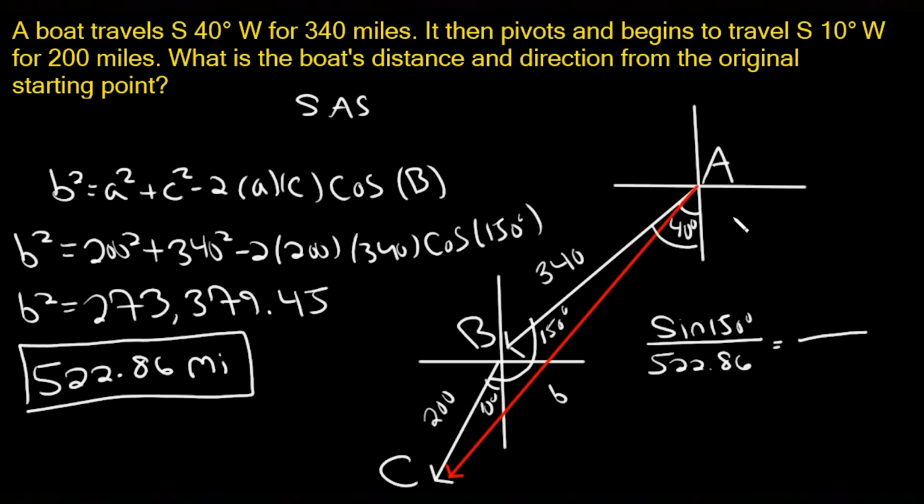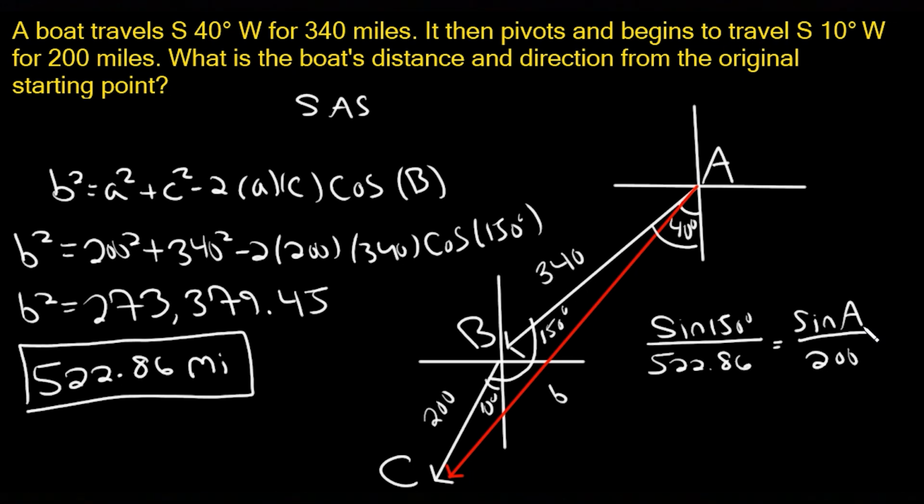I'm trying to find angle A, so sine of angle A over the opposite side, which is 200. Plug this into the calculator: sine of 150 degrees divided by 522.86, then multiply by 200.